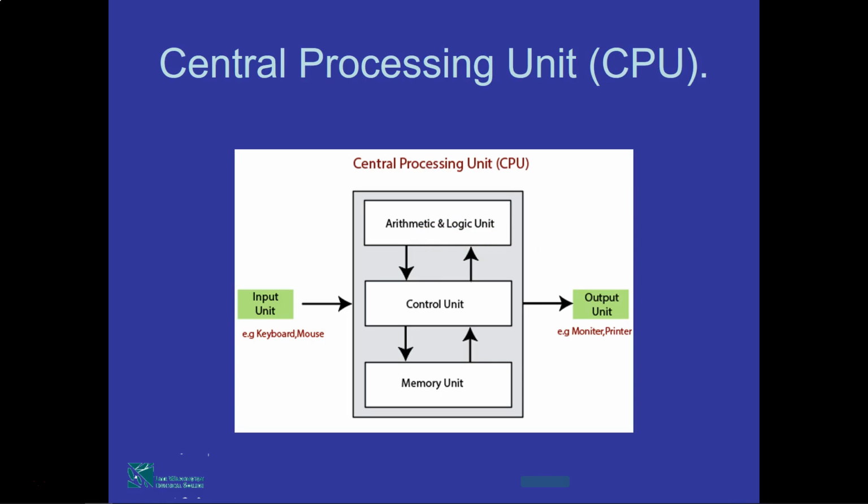All complex operations are done by making repetitive use of the above operations. And the logic section of ALU is used to perform logic operations such as comparing, selecting, matching or merging different data. So this is about the central processing unit. Now let's see next.